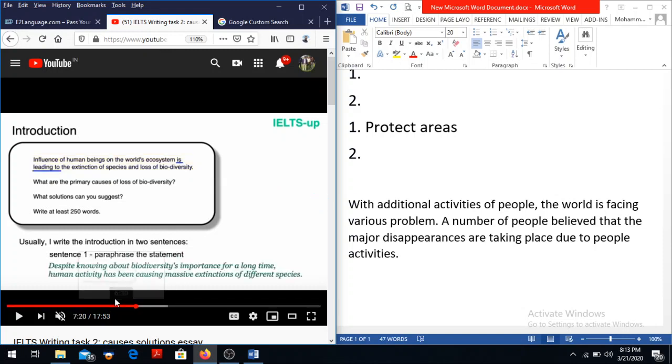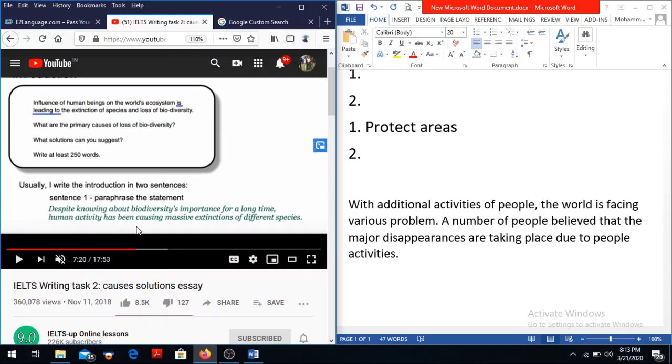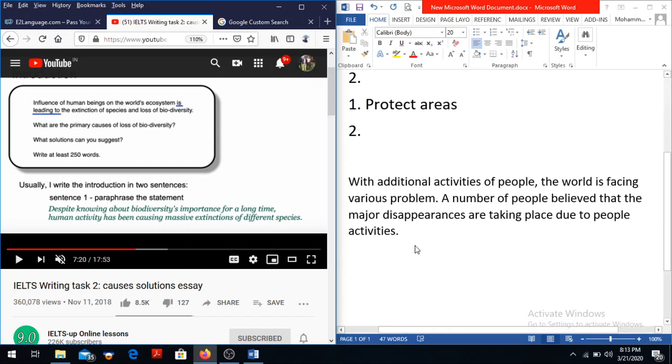So let's see this paraphrase. Here it is written that despite knowing about biodiversity's importance for a long time, human activity has been causing massive extinctions of different species. So they are saying massive extinction. We said that major disappearances are taking place due to people's activities. So this is the thesis statement.